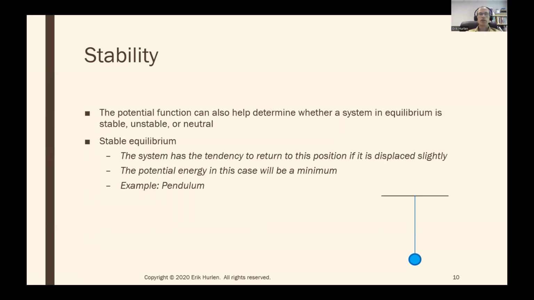If you push it to the left, gravity pulls it back to the right. Any equilibrium position where a displacement tends to send it back to the equilibrium is called stable. It is interesting to note that in this case, the potential energy function is a minimum. Remember that equilibrium corresponds to a zero derivative, which is also the minimum or maximum of the function.